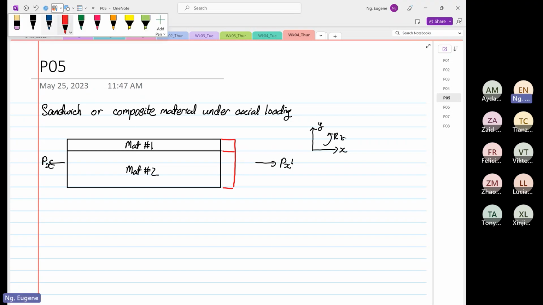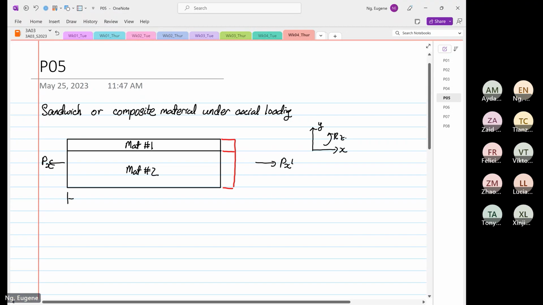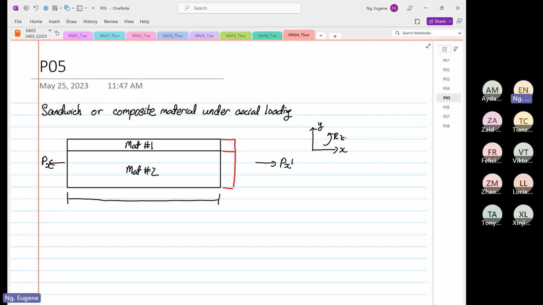Originally from here to here, this is our L0, and now because of the stretch we have a length over here, which is known as L1. So the distance from here to here is our delta L.